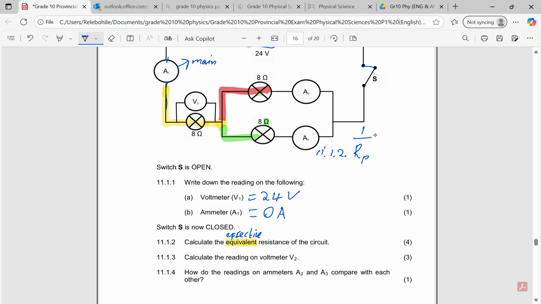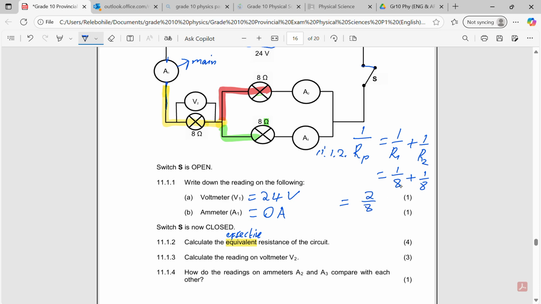We know that when we find the resistance in parallel, we say 1 over Rp is equal to 1 over R1 plus 1 over R2, right? That's the formula we use. Then we substitute by saying 1 over 8 plus 1 over 8. Then when we proceed, we will have 2 over 8.